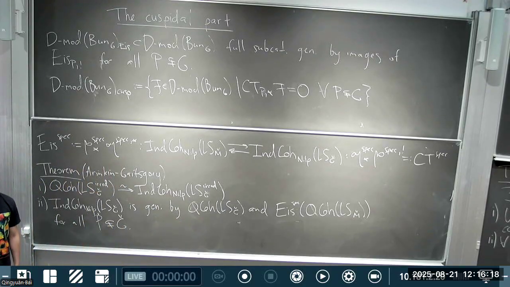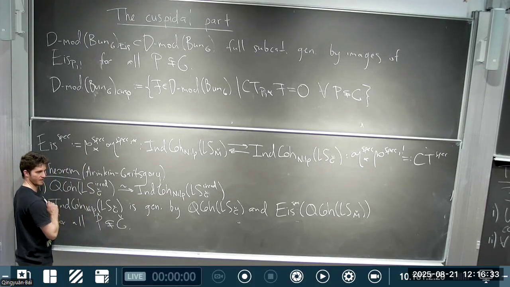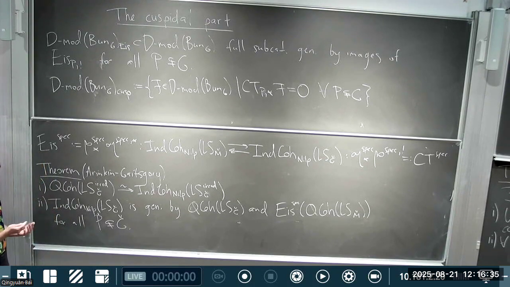So other questions? Is this analogous to a statement on the D-module side? Yeah, it's analogous to, well, over there it was sort of a definition, right? Because ultimately the cuspidal part is going to correspond to this. So tautologically, the way we define the cuspidal part is that it generates D-mod Bun_G along with the Eisenstein part.